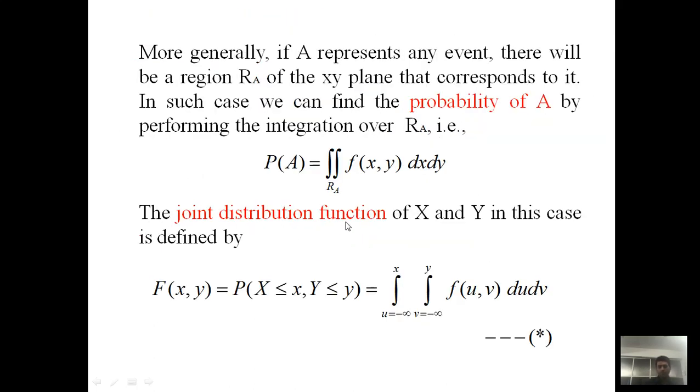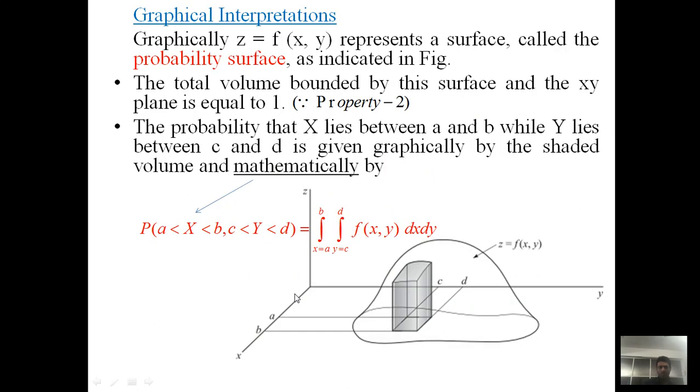The joint distribution function of capital X, capital Y, that is both are random variables, in this case is defined by probability of X less than or equal to x, Y less than or equal to y. Remember these are joint distribution functions. Simply it is written as capital F of xy is equal to, now here we have to restrict X less than or equal to x.